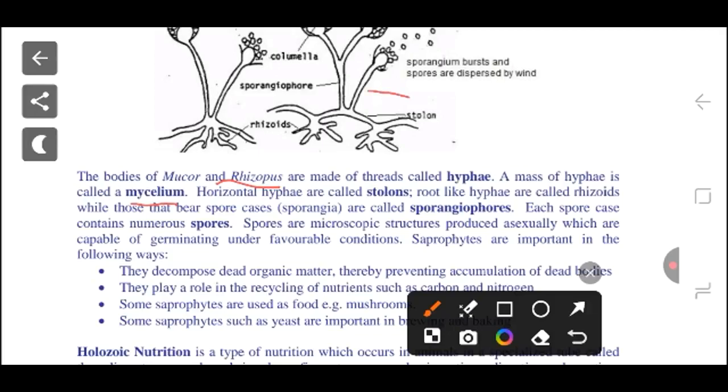So this horizontal line, this is a stolon. Root-like hyphae are called rhizoids. So these are called rhizoids.